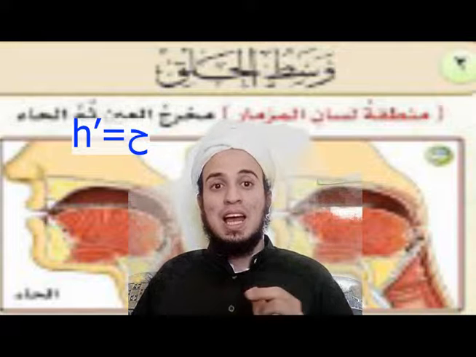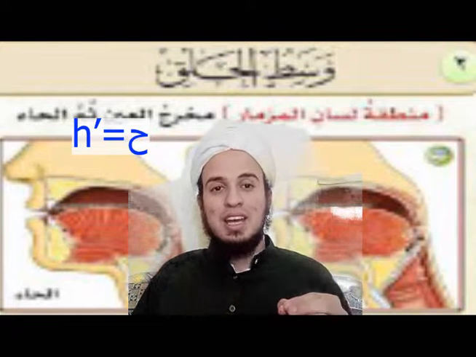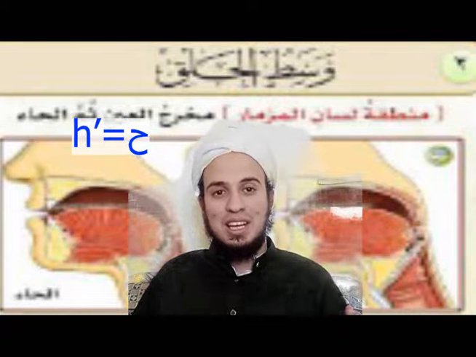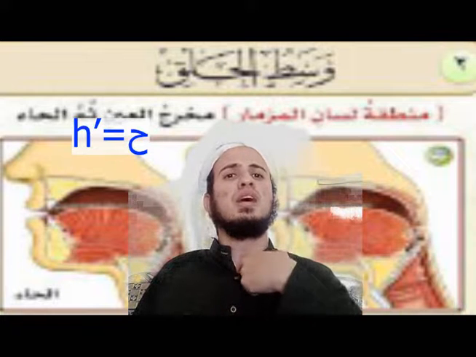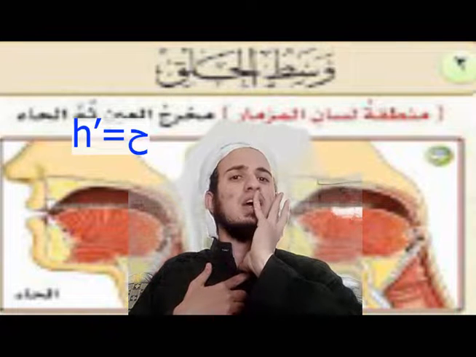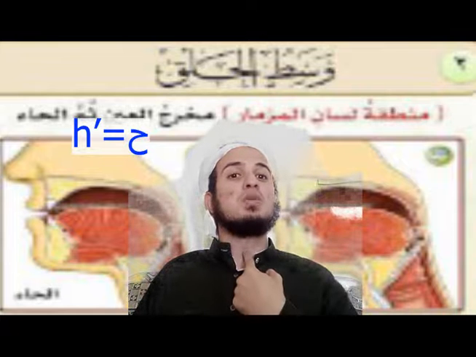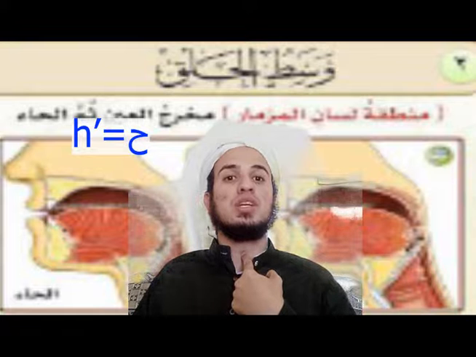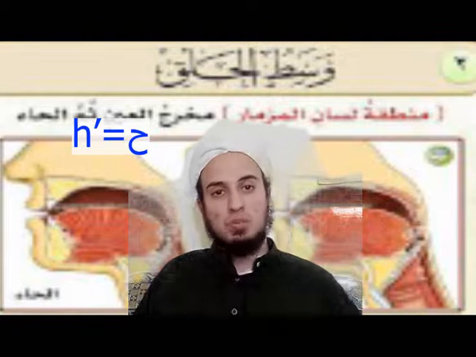However, the place from which this ha comes is closer, because the other one goes from the end of your throat. You see, the distance between here and here is a lot. Now this ha comes from the middle of your throat, so the distance is small.